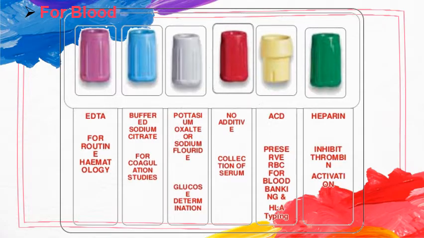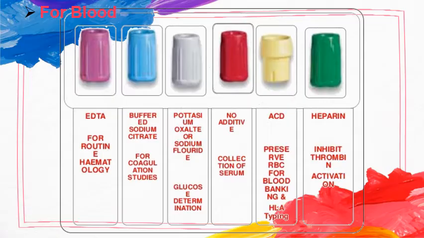Now, we have your gold or yellow. It's your clot activator and your gel separator that is used for serum separation to test your lipid panels and liver function tests, and the gel separator helps to separate serum from cells after centrifugation. Now, we have also your green, which is your heparin.